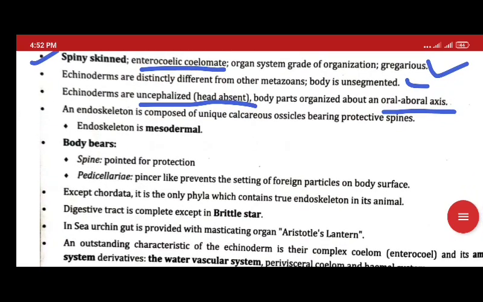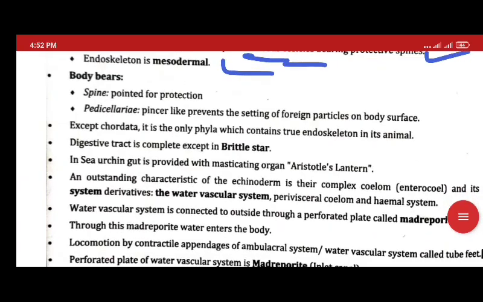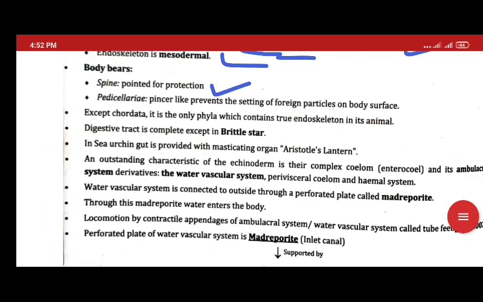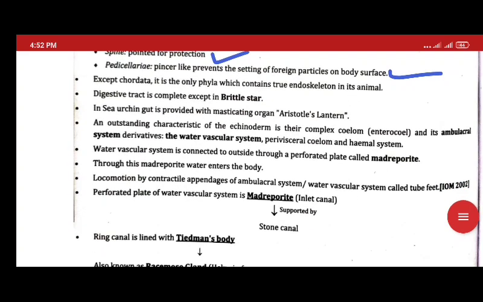Now the endoskeleton is mesodermal, and it protects from enemies or prey. This endoskeleton is made of calcareous ossicles, meaning calcium carbonate. The body bears spines for protection, and pedicellariae that prevent foreign particles on the body surface.